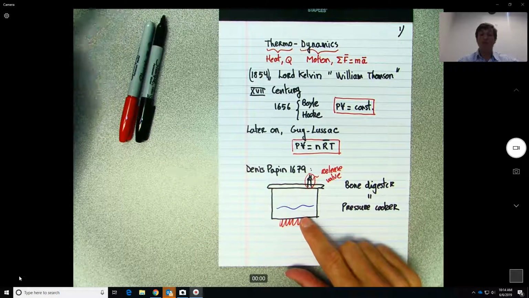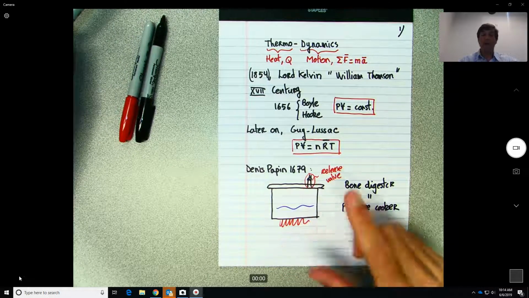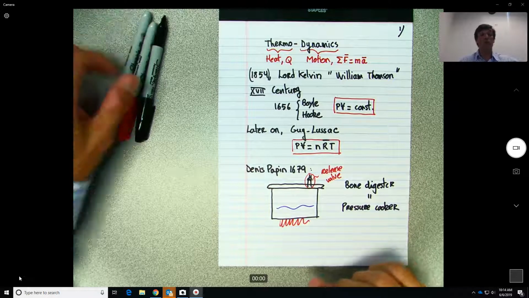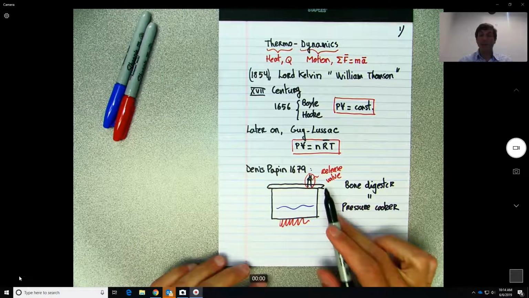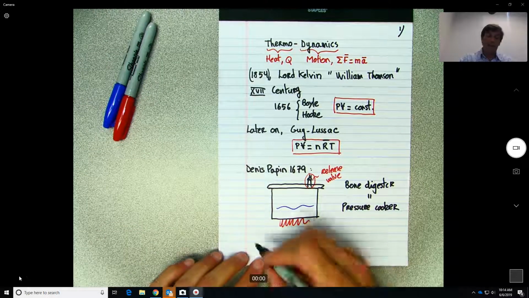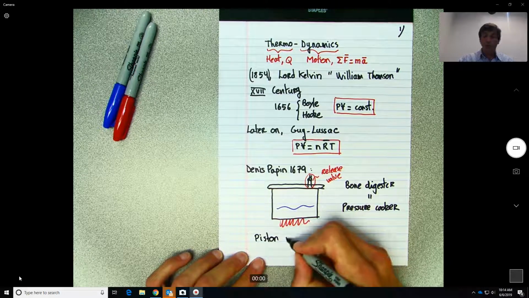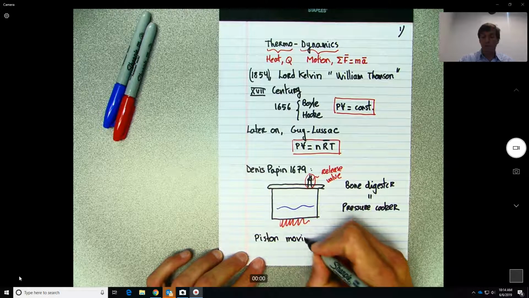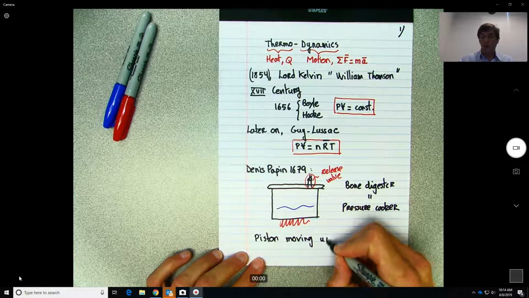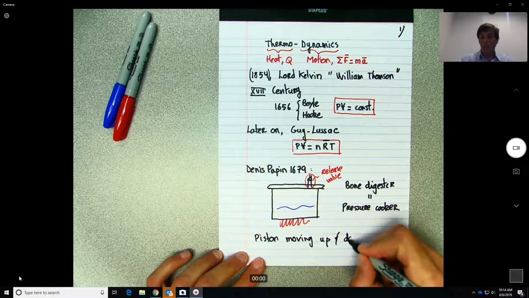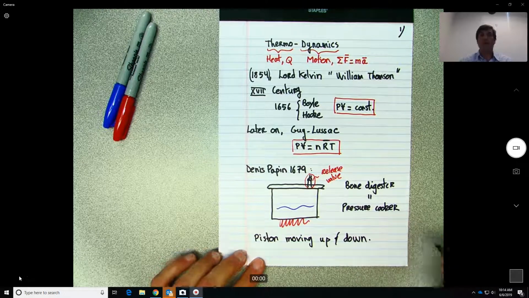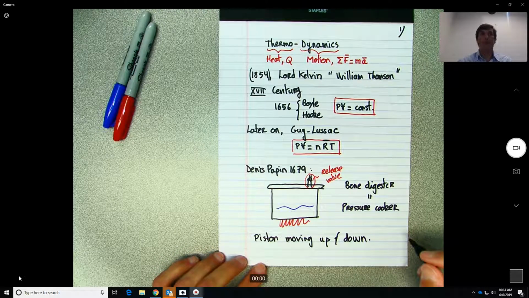The observation of the little valve going up and down as he released pressure gave him the idea, and he was the first one to define the idea of a piston moving up and down. Okay.